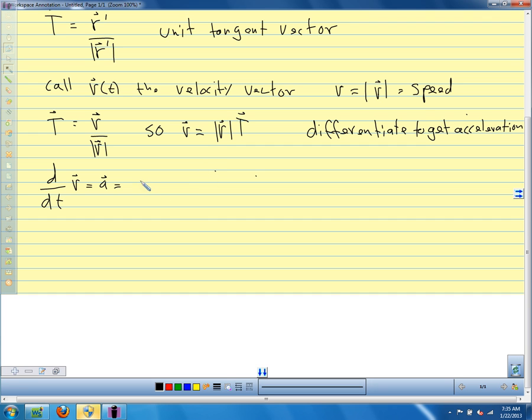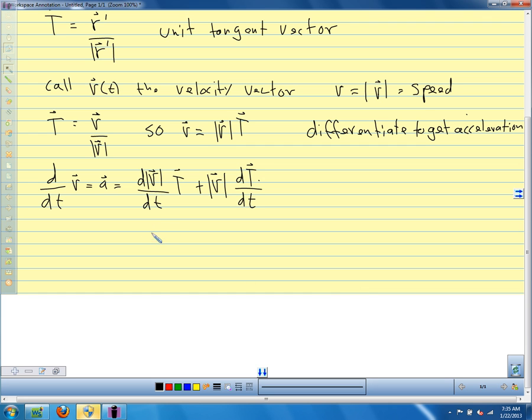That's going to be the derivative of the magnitude of the velocity with respect to time times our unit tangent vector plus the magnitude of our velocity vector times the derivative with respect to time of our unit tangent vector. So we're just using the product rule here.